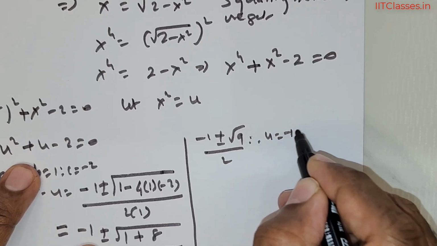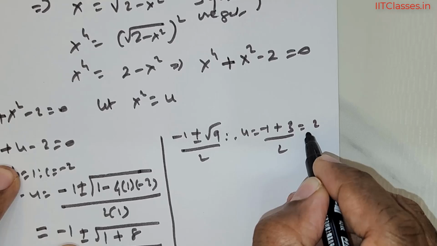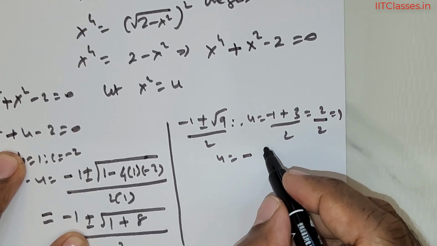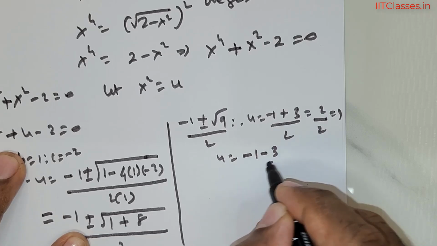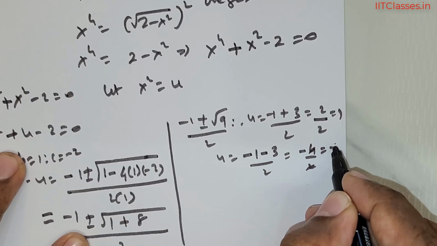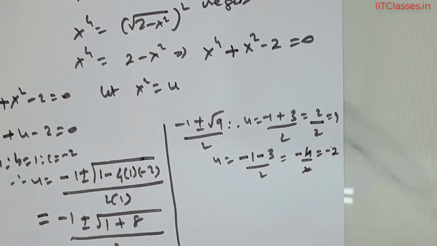So therefore u is equal to minus 1 plus 3 divided by 2, which is going to be 2 over 2, which is 1. Or u is equal to minus 1 minus 3 divided by 2, which is minus 4 over 2, which is minus 2. Right, I'm getting a minus 2 over here.